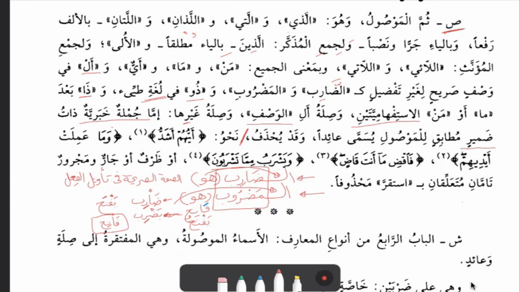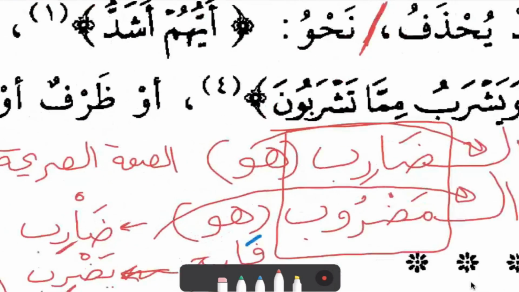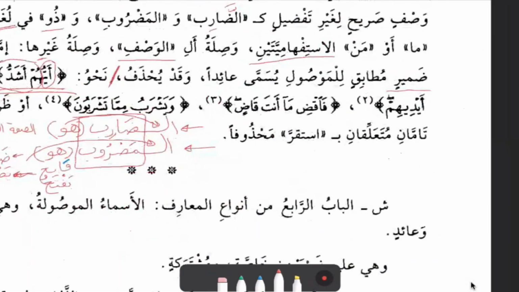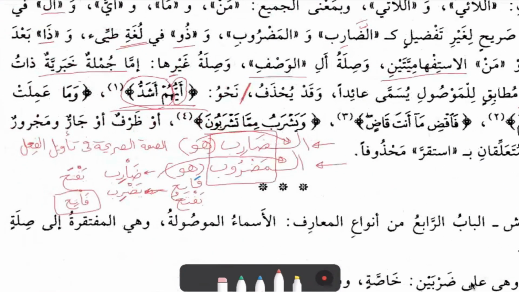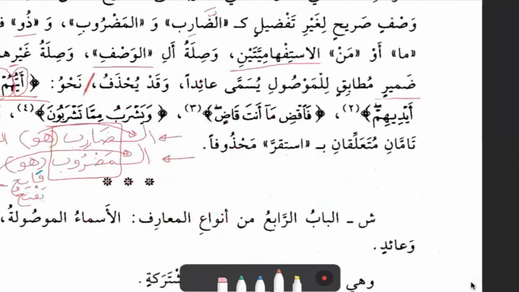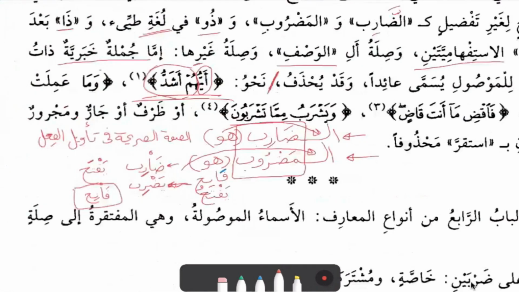So he gives some examples. He says, naHw ayyuhum ashad. Like here, ayyuhum ashad. So ayyu, which, that's the relative nominal. Ayyuhum ashad. Ayyuhum huwa ashad. That's what he's saying. Wama amilat aydihim.